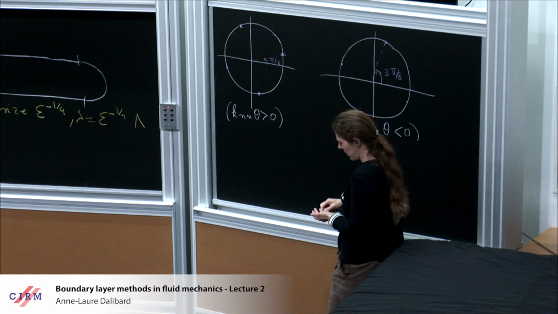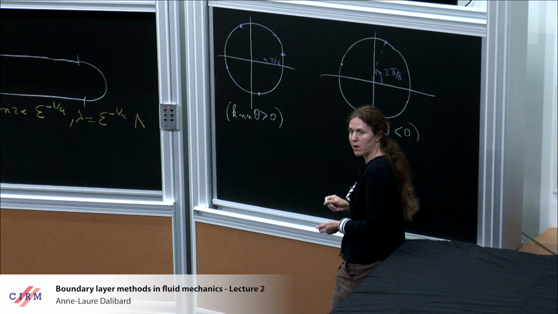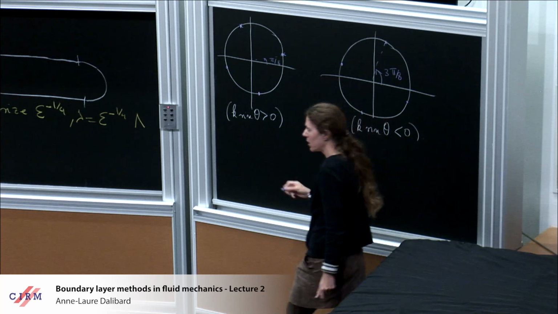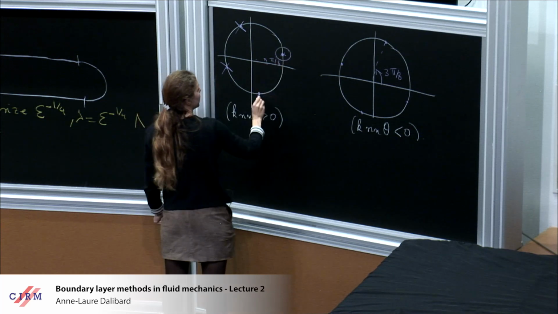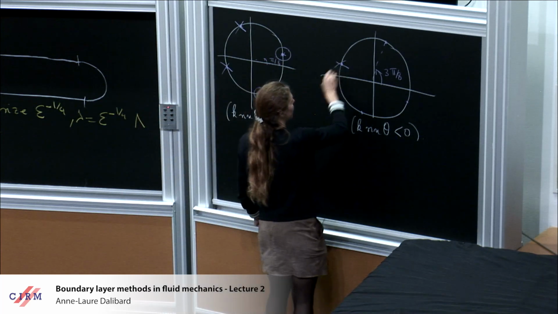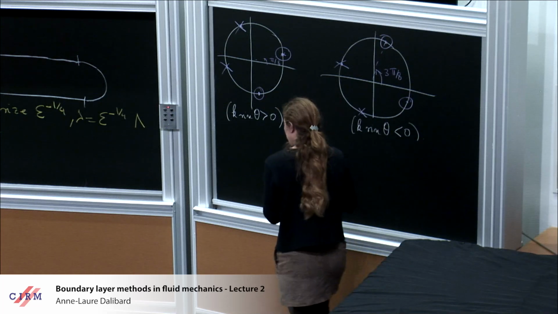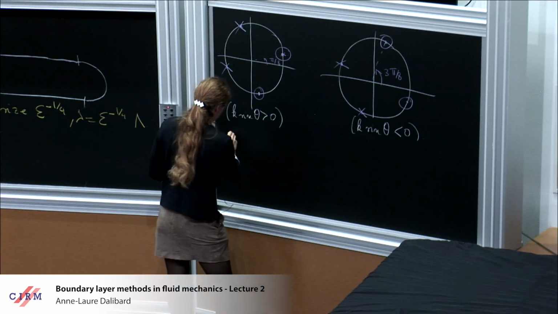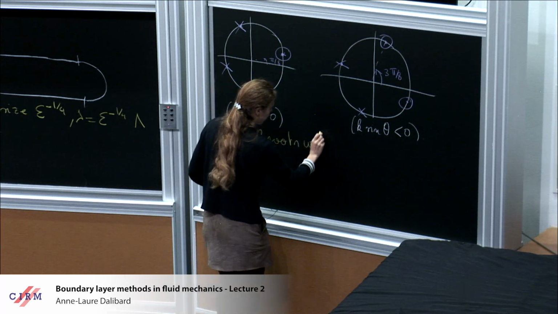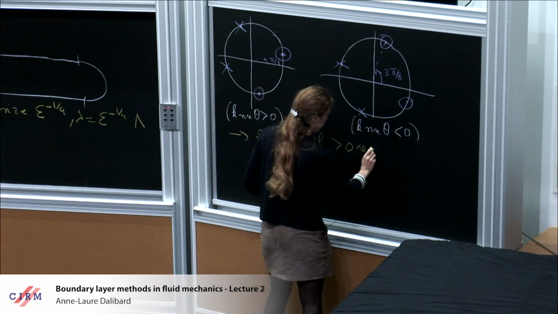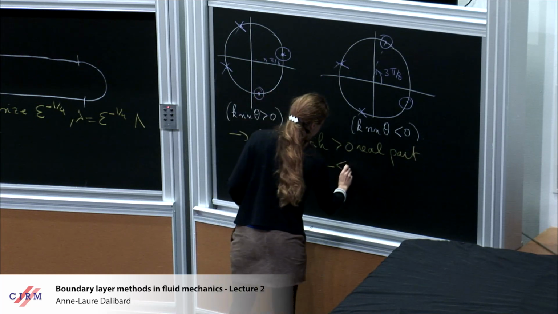The important thing is that in both cases, you exactly find two roots with positive real part and two with negative real part. So you discard these two, and you keep this one, and you keep this one, and here you discard these two, and you keep these two. So you have two roots with positive real part and two roots with negative real part.